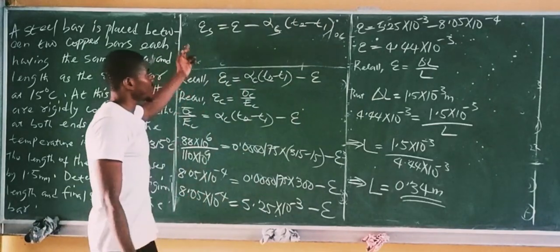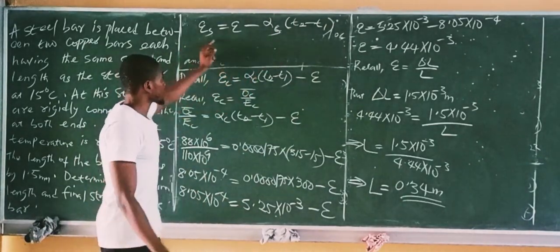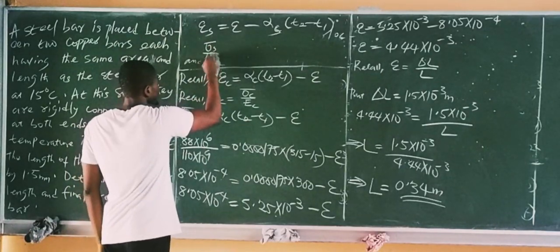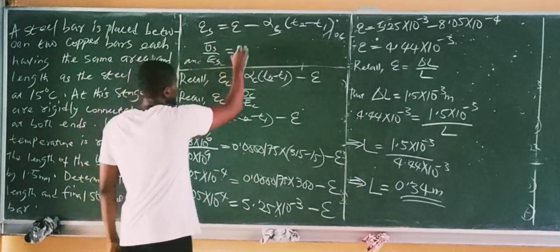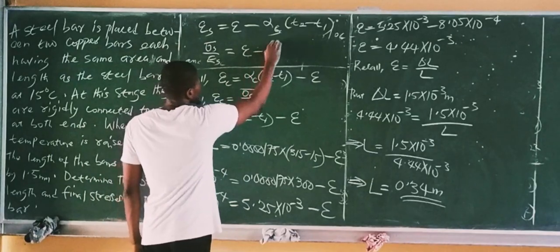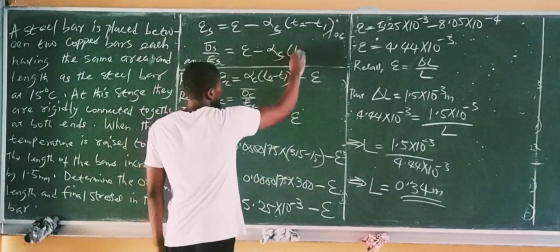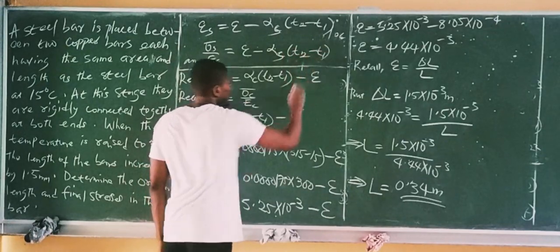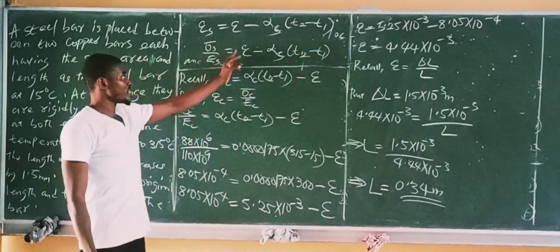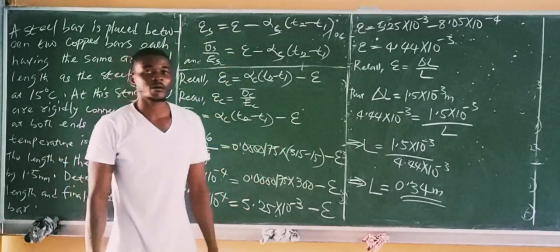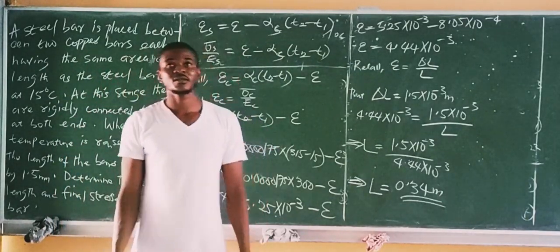So you can employ the same equation. The strain of steel represents the stress of steel over Young's modulus of steel. This equals the common strain minus the thermal expansivity of steel times the change in temperature, T2 minus T1. Apply this equation, make the common strain the subject of the formula and solve, and you're still going to obtain the same result.